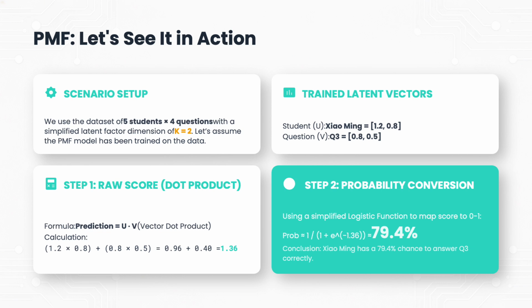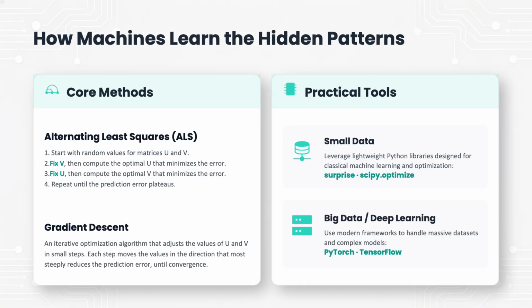This gives us approximately 0.794, or a 79.4% chance of getting the question right. Notice that this result is different from the 100% we got from CF, showing how different models can lead to different predictions. You might be wondering, how do we actually find these latent vectors u and v?